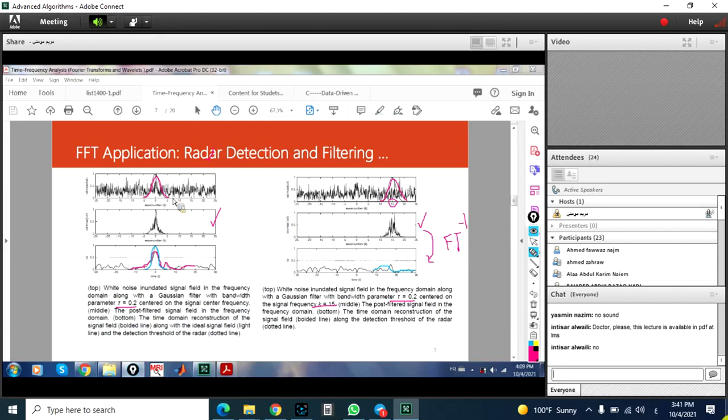Another thing from this example is that in the Fourier domain, we can separate the noise and the signal.